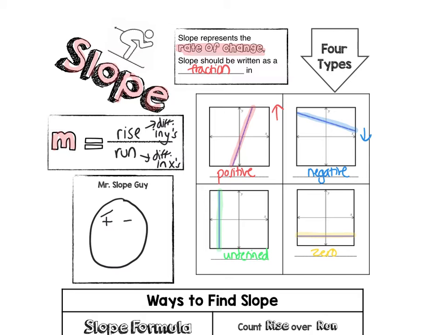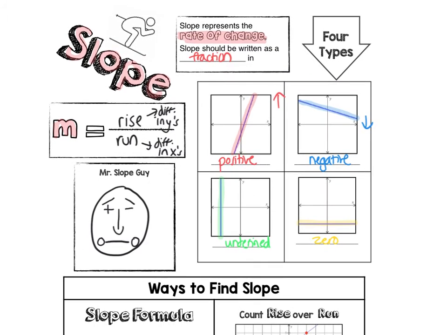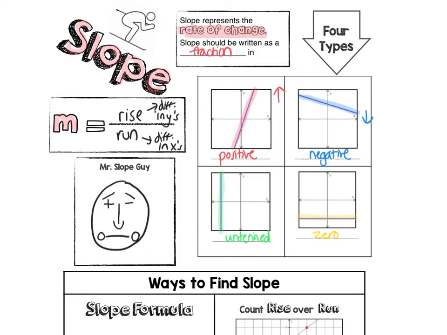A negative slope goes down from left to right. An up and down, or vertical, slope is undefined, so you put a U for undefined. And then a horizontal line has a slope of 0. So that is Mr. Slope guy if you wanted to use that to remember positive, negative, undefined, and 0 slopes.